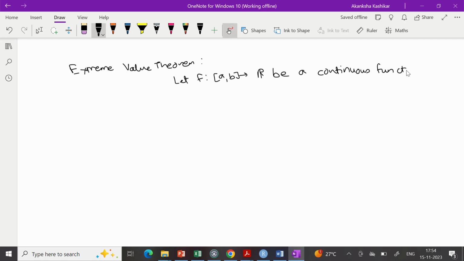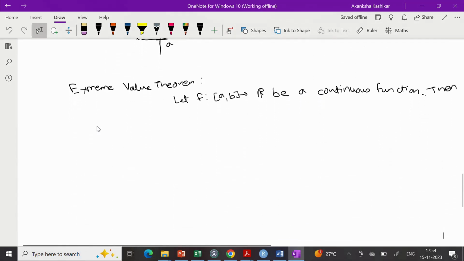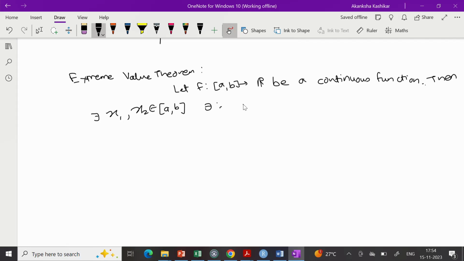Then there exist x1, x2 in [a,b] such that f(x1) is less than or equal to f(x) is less than or equal to f(x2) for all x in [a,b].